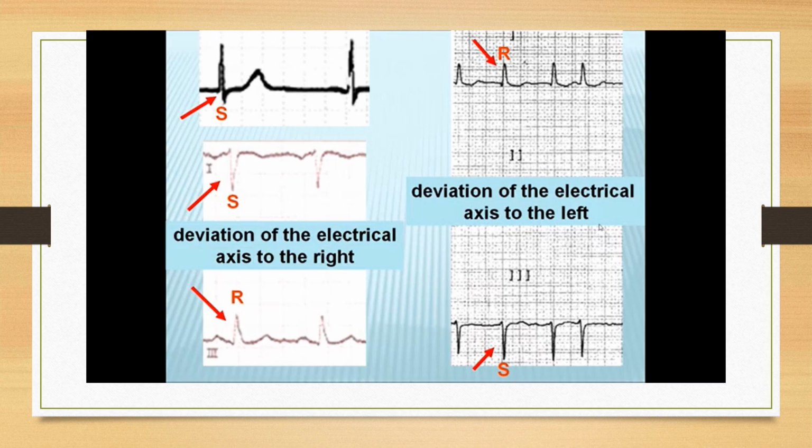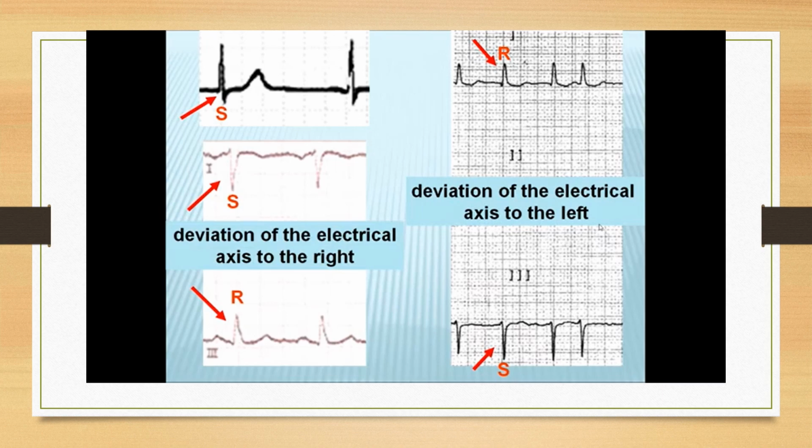And if on ECG examination we see high amplitude of R1 in the first standard lead and a deep S wave in the third standard lead, we can say the condition is R1S3 and the electrical axis deviates to the left, and this is the condition for left ventricle hypertrophy.